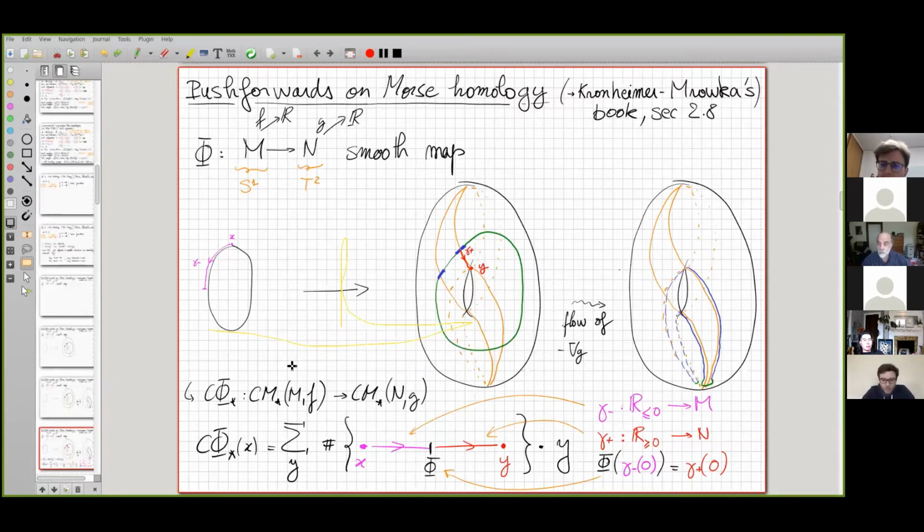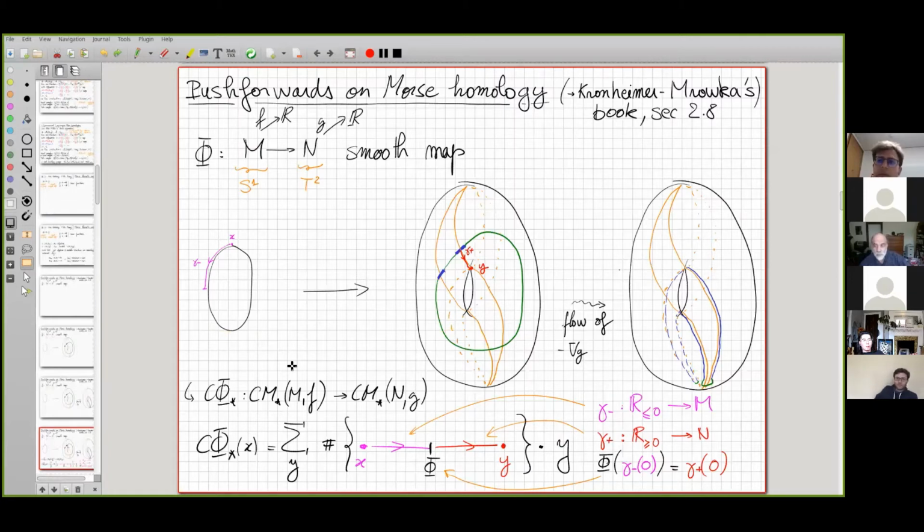So gamma minus happens in M, and gamma plus happens in N. These are flow lines, and they are related by the map phi. Okay, so this is how the construction works.